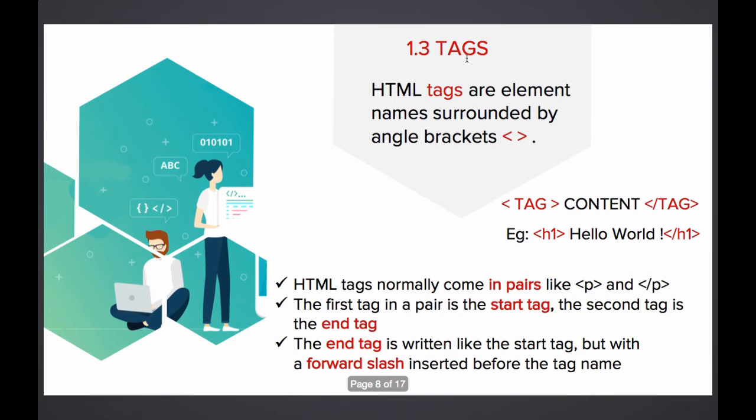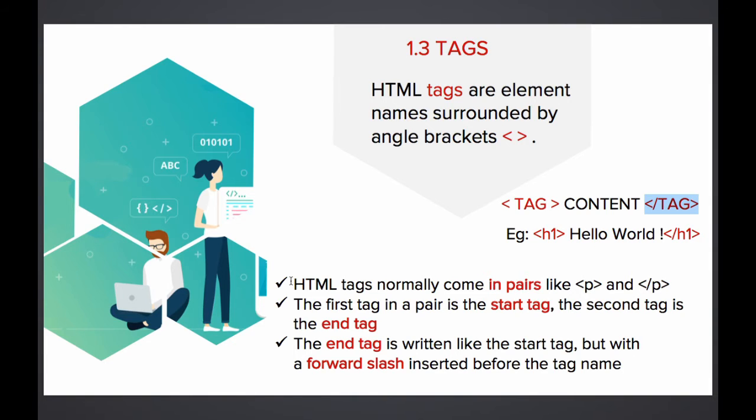Okay. Now let us move to the tags. HTML tags are the element names surrounded by angle brackets. The things within the angle brackets in HTML are known as tags. Here, this is a tag, opening tag, and this one is a closing tag.